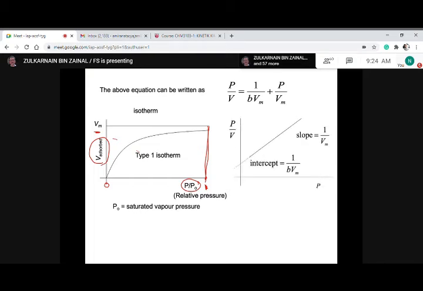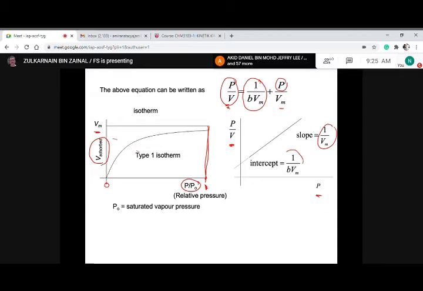Or we can also plot, this is also an isotherm, a straight line plot of P over V versus P. So 1 over Vm will be the slope, and this will be the intercept.